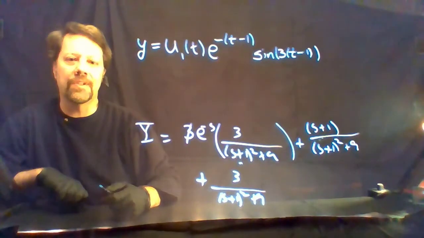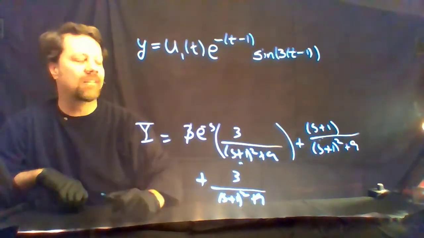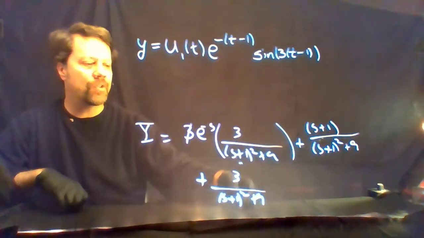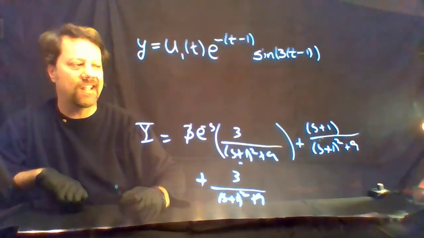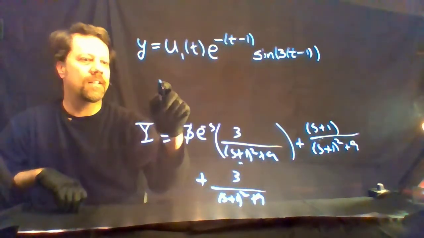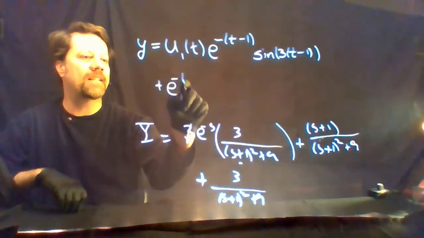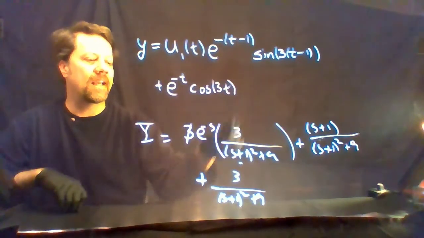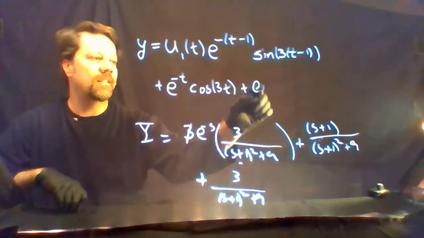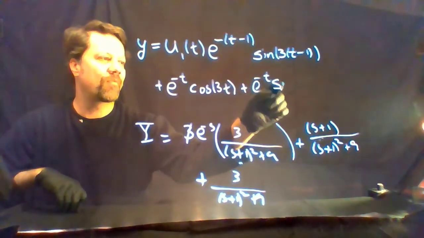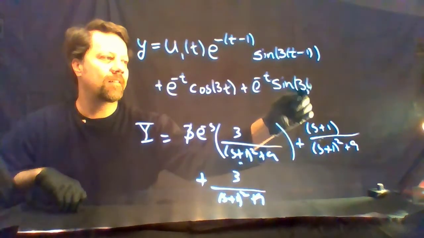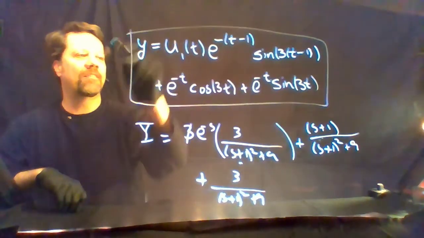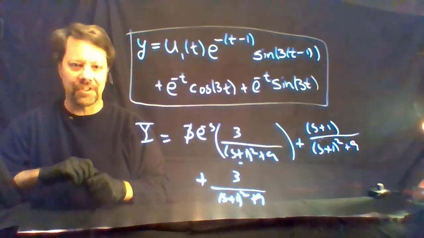So this part results from the delta function dinging this oscillator at t equals 1. The other two parts arise from the initial data. This part is e to the minus t cosine 3t, and the last part is e to the minus t sine of 3t, giving you the final solution to the initial value problem.